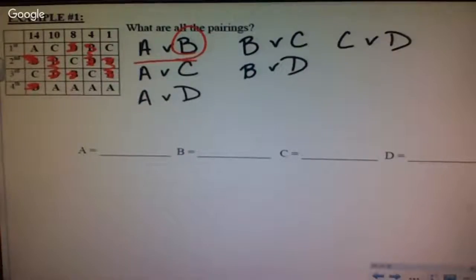So who's my winner here, A or C? C. C's going to take this one. And finally, A and D, it's like B and C don't exist. So D is my winner here.